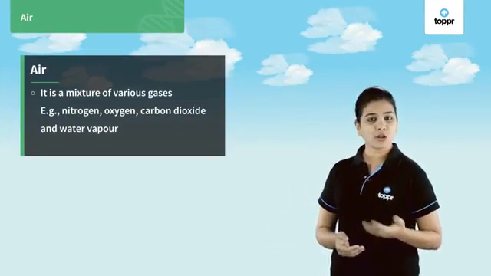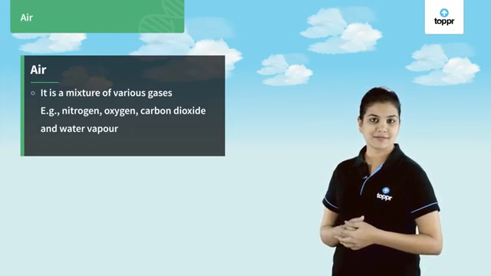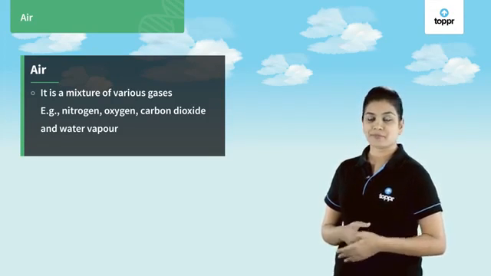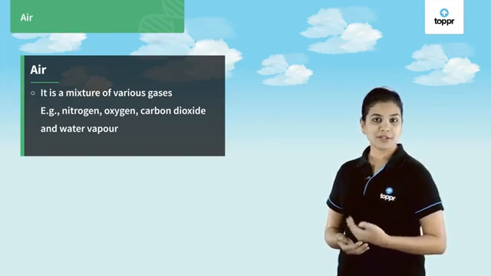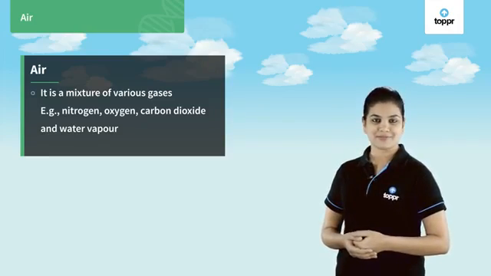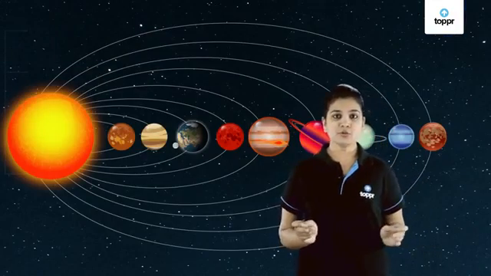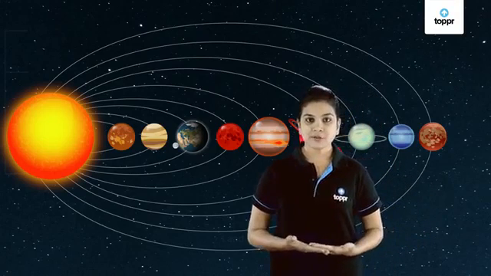So, talking about air, we all know that air is a mixture of various gases such as nitrogen, oxygen, carbon dioxide, water vapors, etc. It is interesting to note even the composition of air is the result of life on Earth.